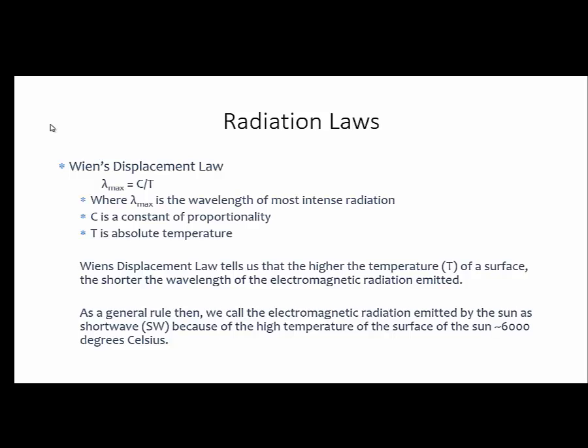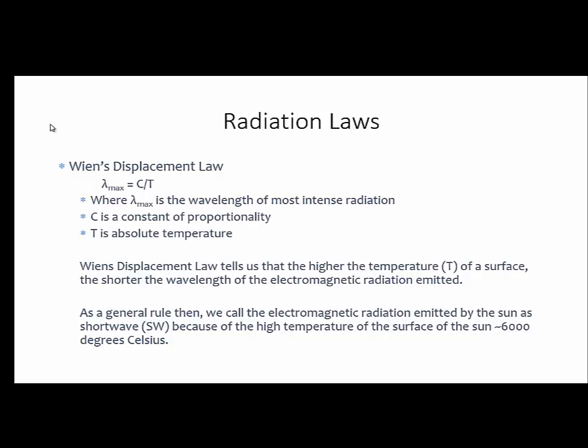So you see you've got lambda max equals a constant C over T, the temperature of the emitting body. The only thing you really need to know here is that the higher that temperature, the smaller that number is going to be. That means the smaller the wavelength.